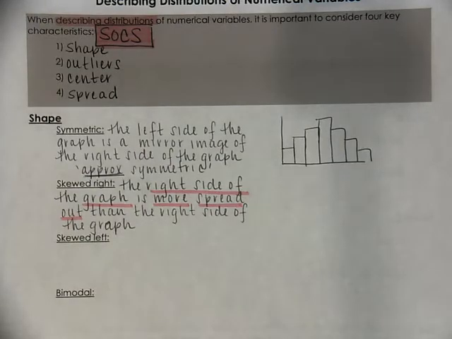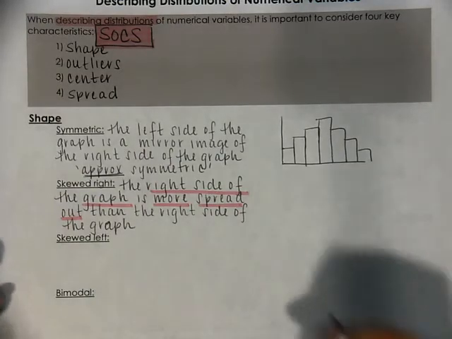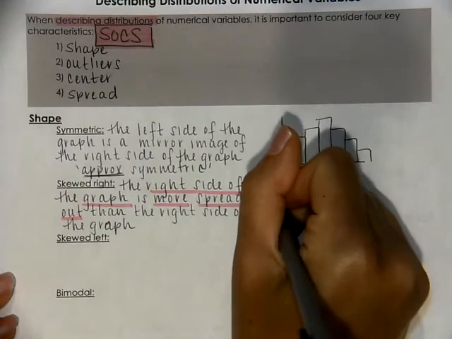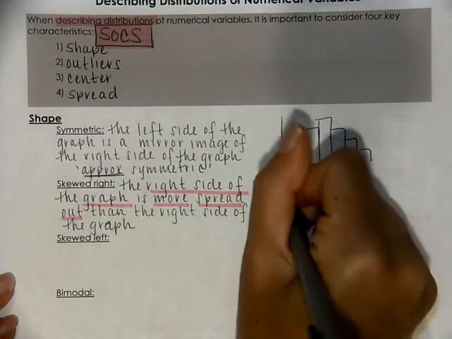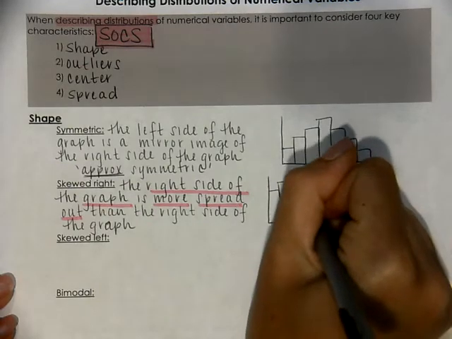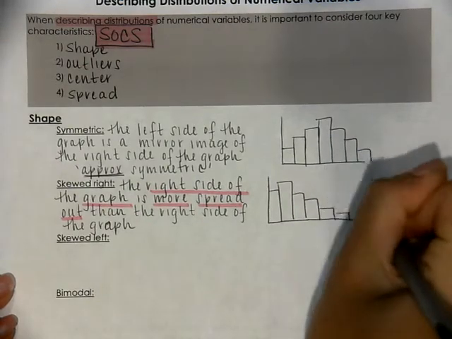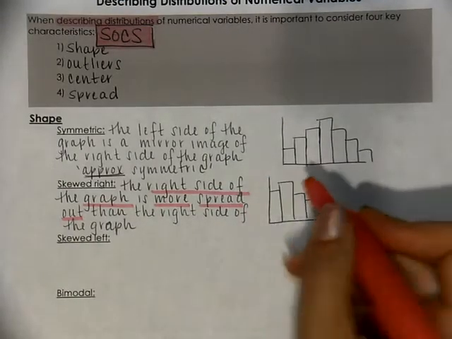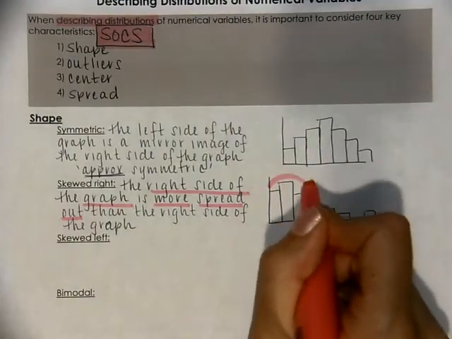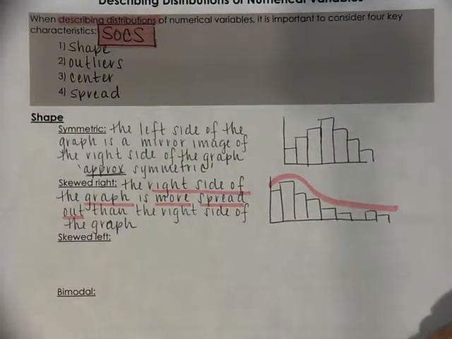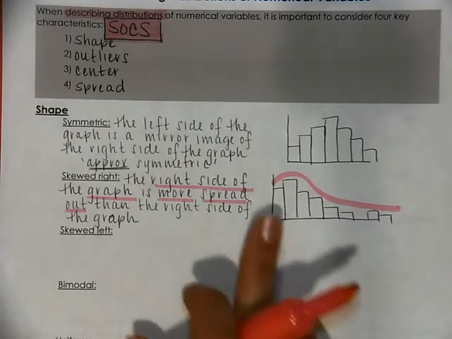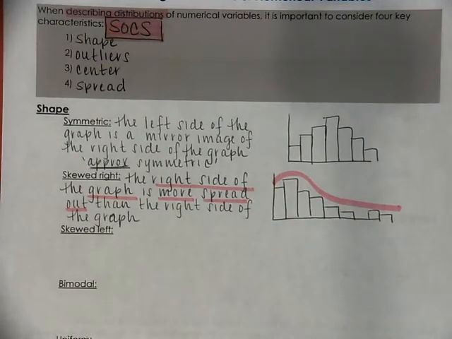Okay, so a skewed right graph could potentially look something like this. Okay, a lot of the times I'll tell you, or you'll see me drawing curves over these graphs to help us to determine which shape it has, but do you see how it kind of has a longer, what I call right tail?